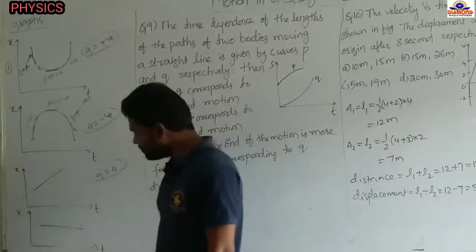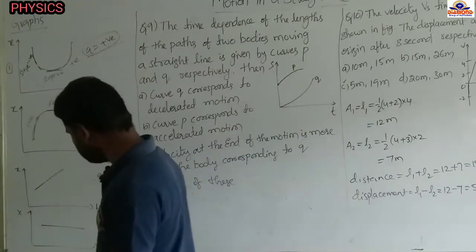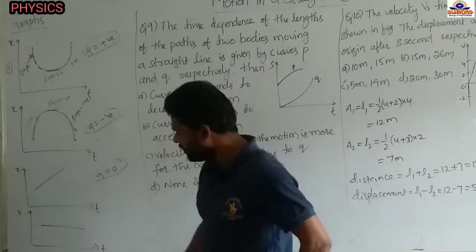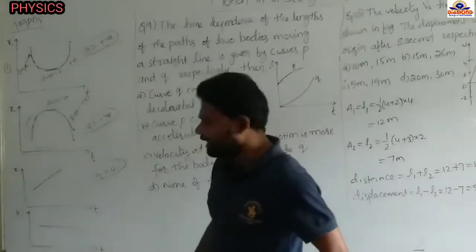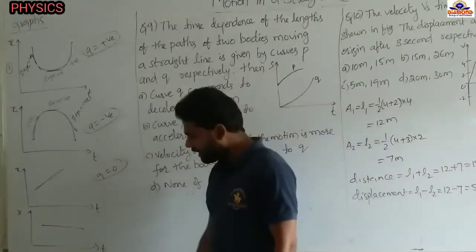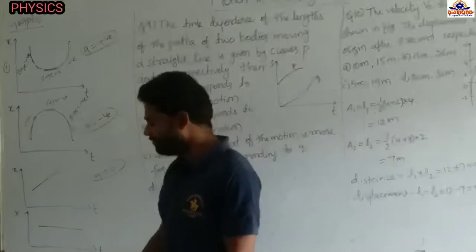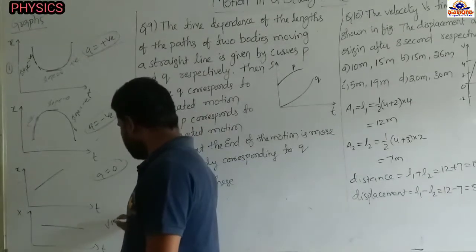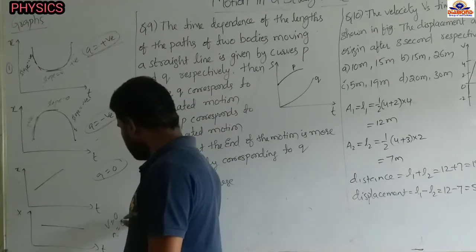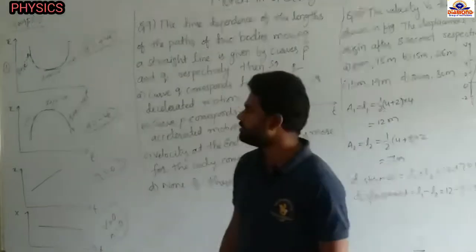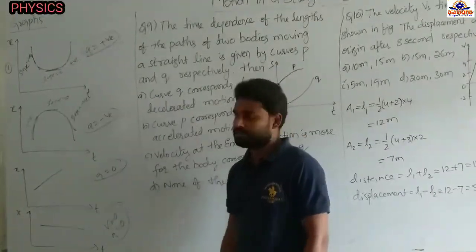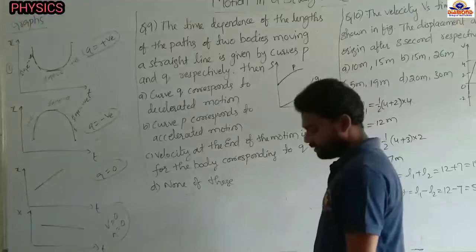And the fourth graph, between displacement and time, is parallel to the time axis. That means with respect to time, it is not displacing. If it is not displacing, velocity equals 0, and acceleration also equals 0. Remember these four graphs.